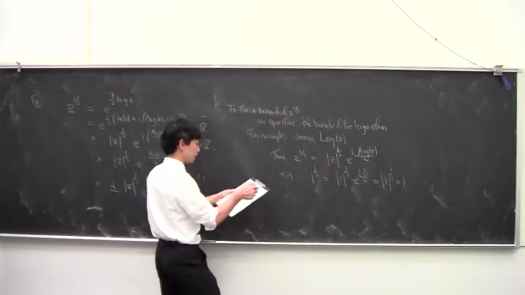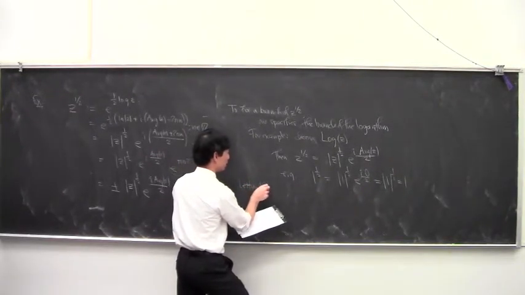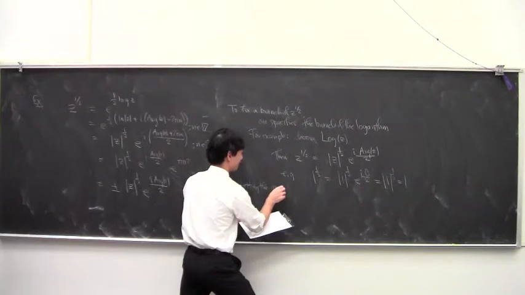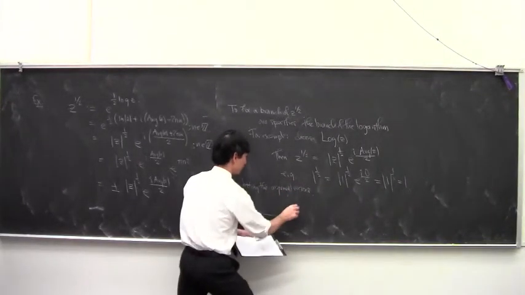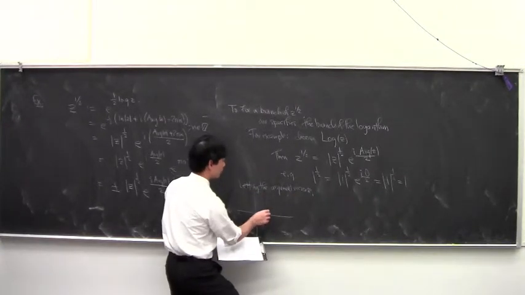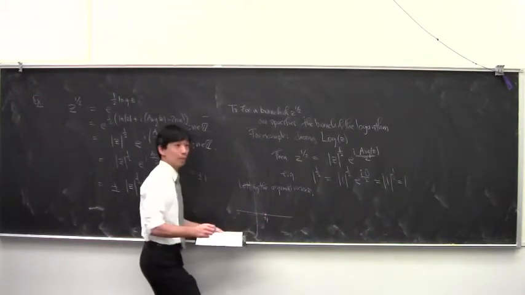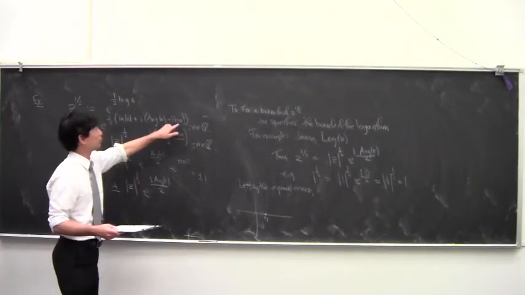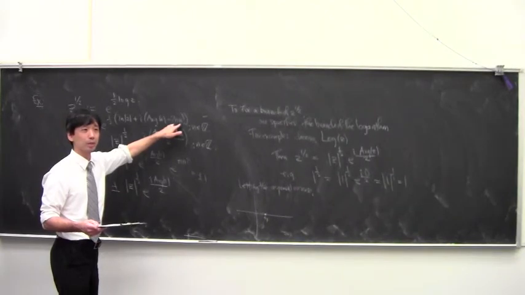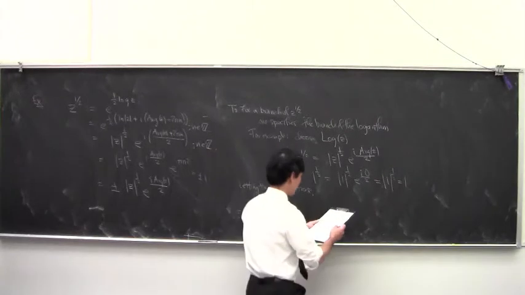Now, again, let's play the same game. Letting the argument increase, so just now we started from 1. Let's let the argument increase and come back to 1 from the bottom. What that corresponds to is moving up to the next branch of the logarithm, so adding on 2 pi here.